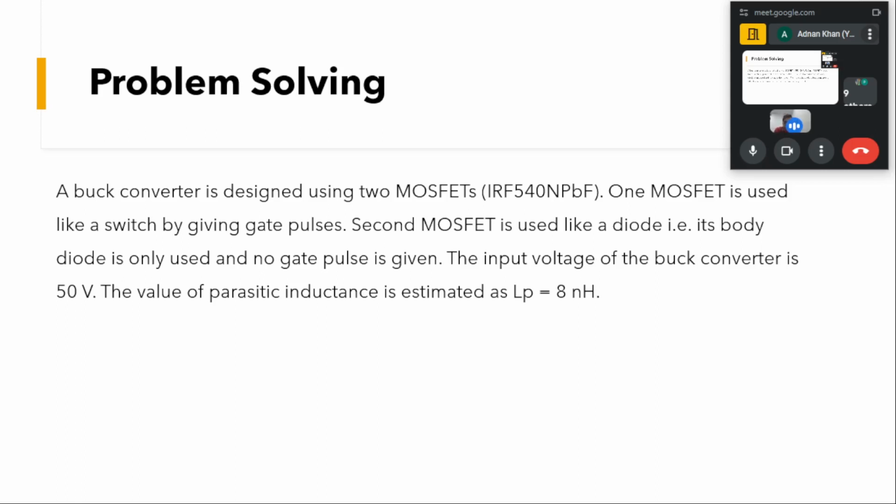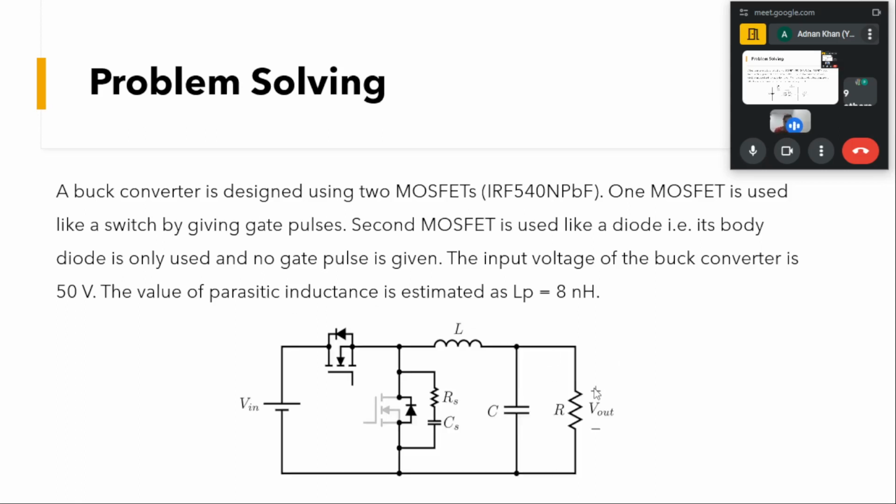So if you can see, this is the buck circuit, where we have Vin as the voltage, and we have the two devices. Let this be my first device and this be the second device, and we have inductance, capacitance, and then there is an output.